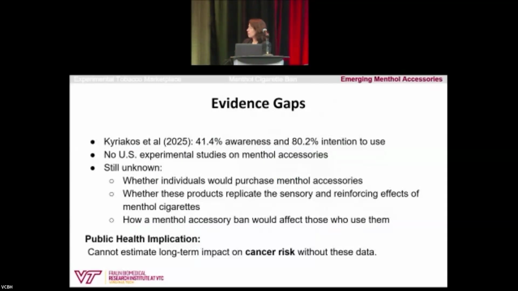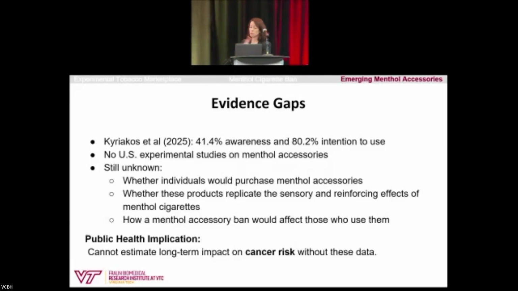Evidence on menthol accessories is extremely limited in the US. One study was recently published less than a month ago by Christina Kariakos, where they found that while about 40% of adults were aware of these products, when they learned about them, over 80% said they would consider using them if menthol cigarettes were banned.